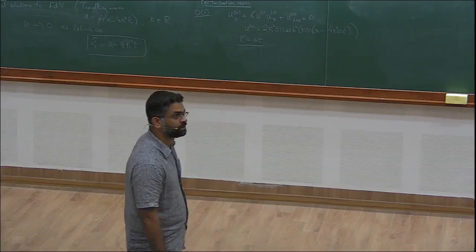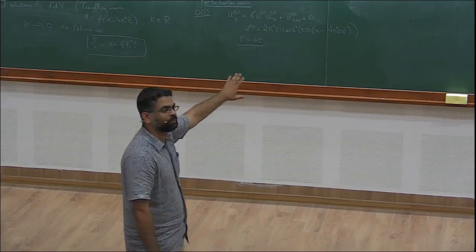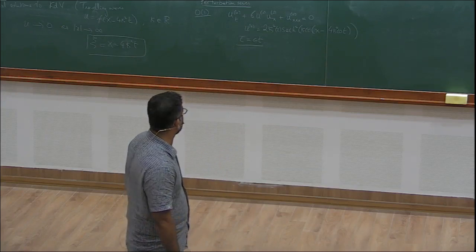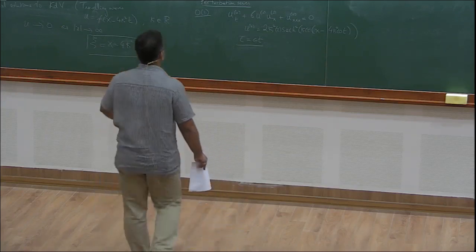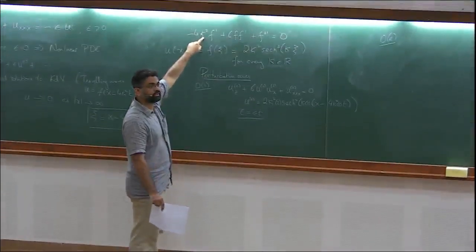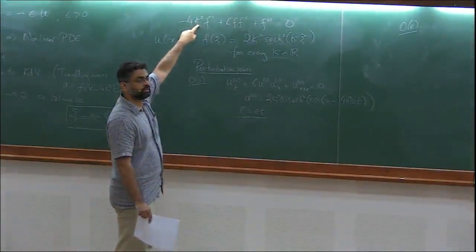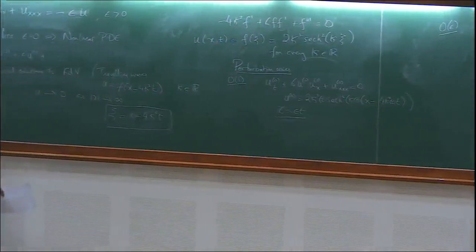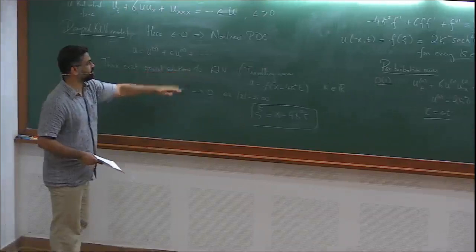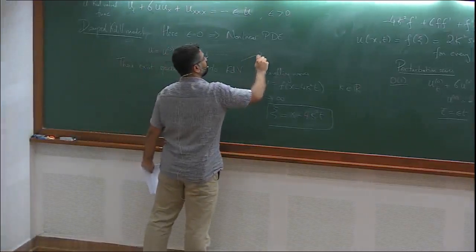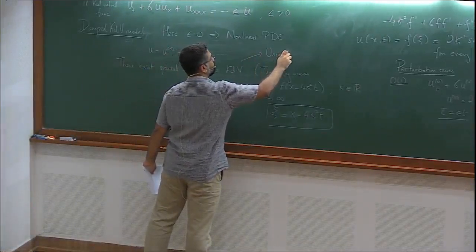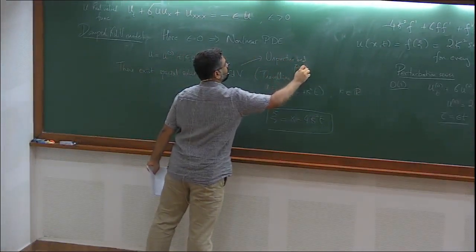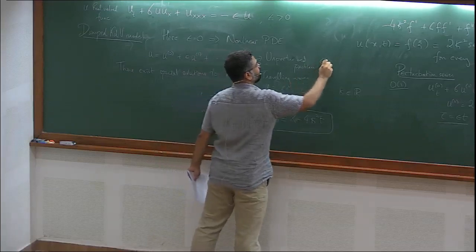Are you talking about order epsilon? Okay, let me write down the order epsilon equation. I said there are special solutions to KdV, which is the unperturbed problem, that is epsilon equals 0.